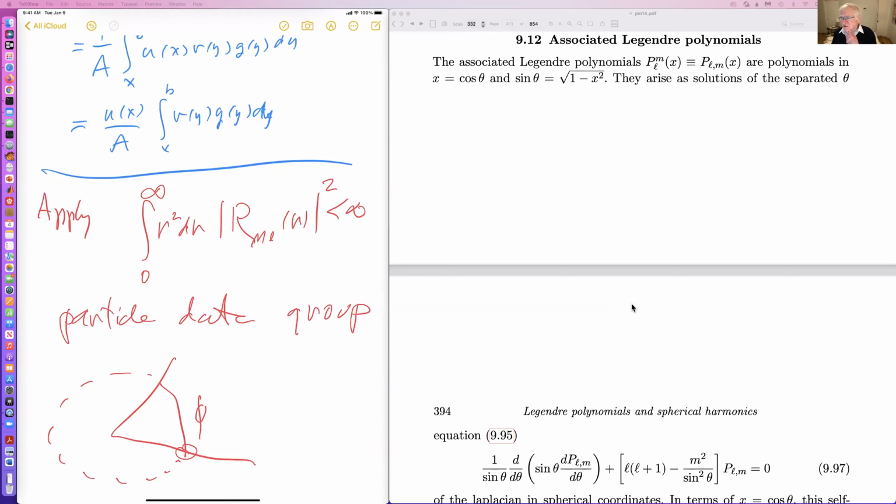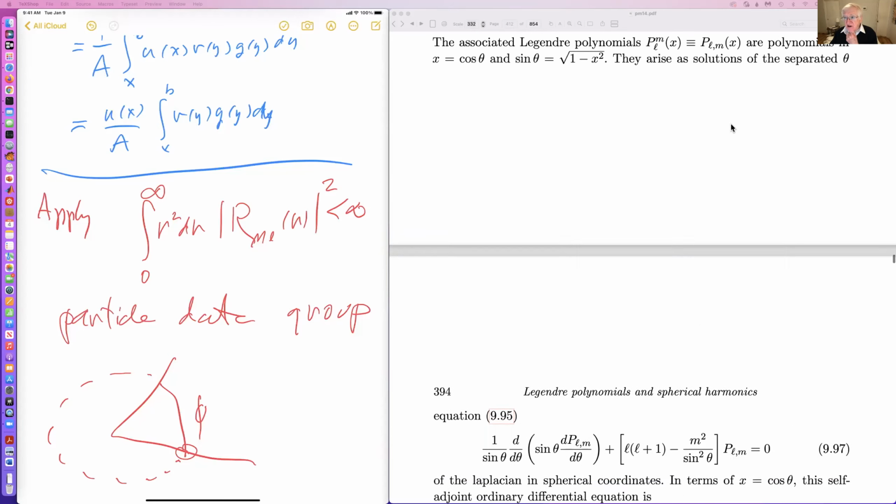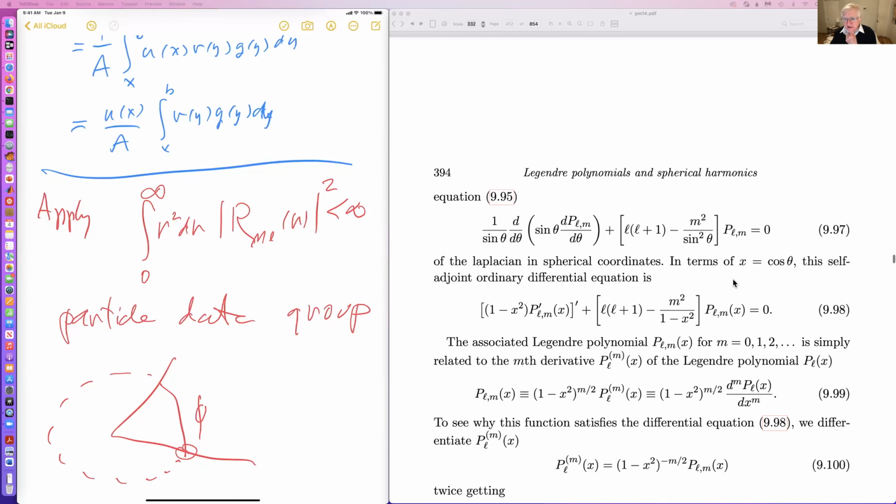So let's look at these associated Legendre polynomials. They arise as solutions of the separated theta equation. So we have this expression here. Once again, I'm using P for everything, and I think I shouldn't do that. Anyway, this is then the theta part of the Laplacian in spherical coordinates.